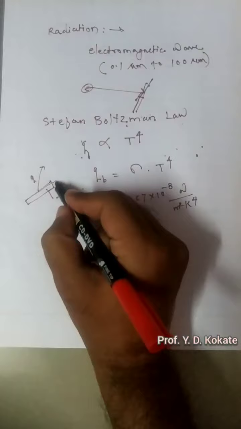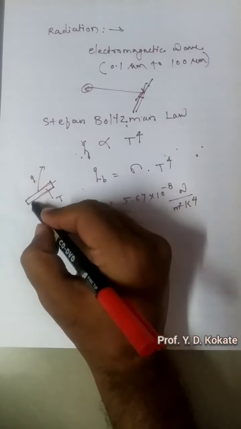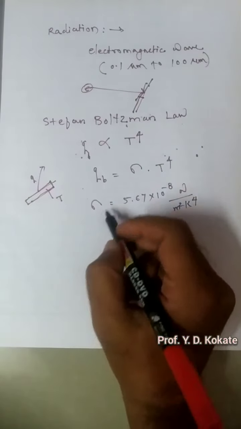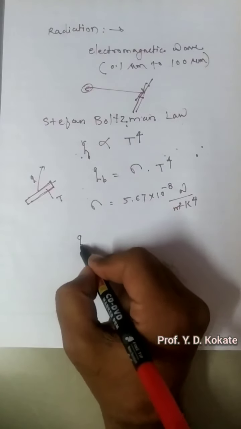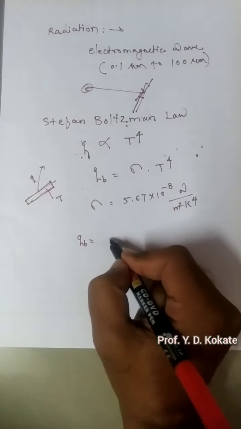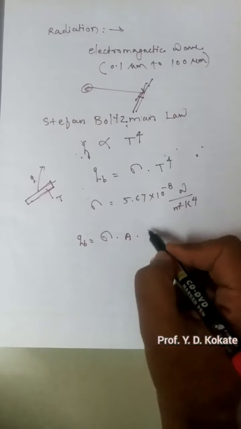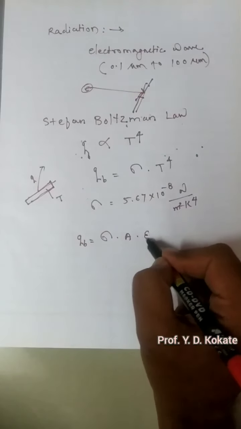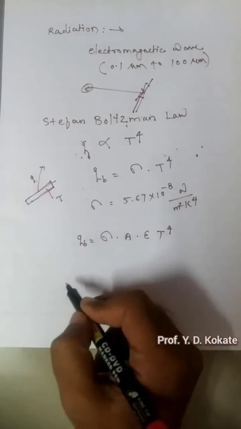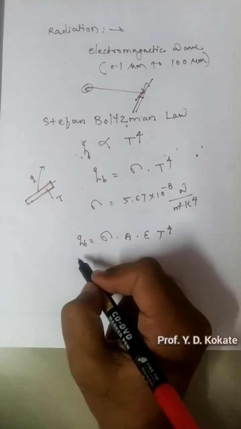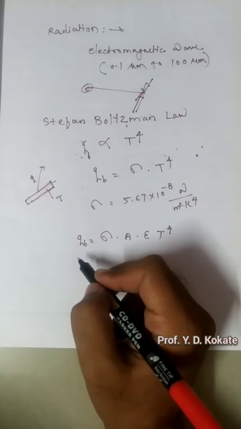If this surface is not a unit surface and has a different area, then this formula becomes QB is equal to sigma into area into emissivity into T raised to 4. Now this QB is nothing but the emissive power.